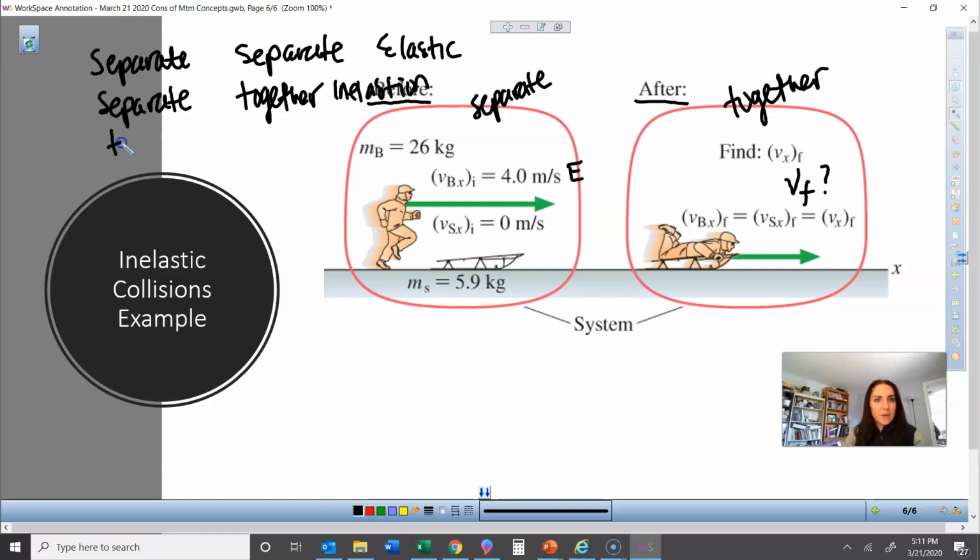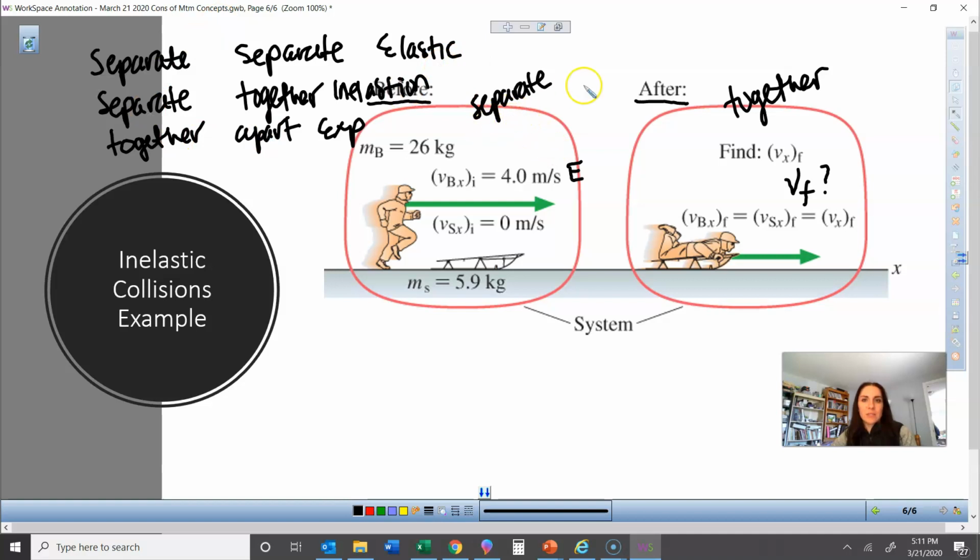And if they're together, then apart, that's an explosion. So that's your kind of key. And the before really determines which is which. If they're together before, that's different from if they're separate before. That's a little cheat sheet for you.